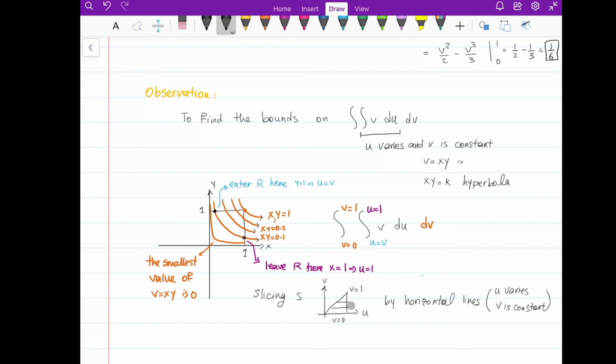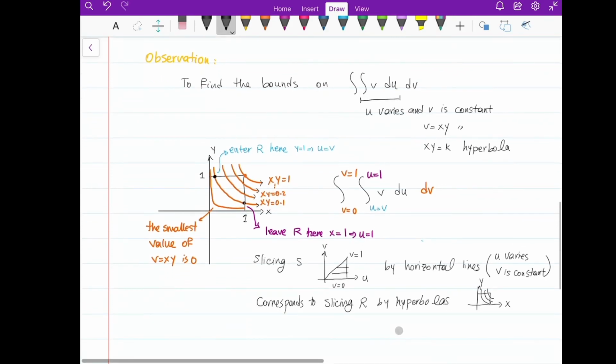If we slice the region in the UV plane by horizontal lines, it corresponds to slicing R by hyperbolas. So the region R in the xy plane, we slice it by hyperbolas like that. It was a very cool observation.